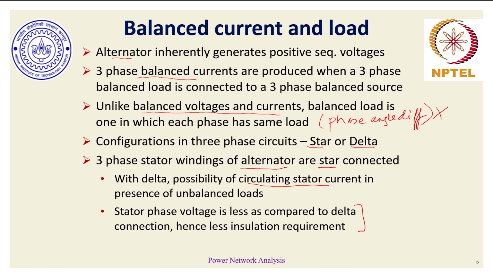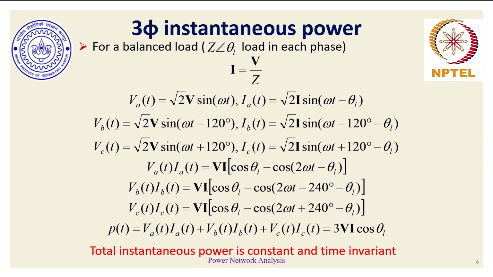Please have patience. Coming to three-phase instantaneous power, as per definition of balanced load, the same quantum of load is present in each phase of the three-phase system. So if I know the voltage in a particular phase, then I can use simple KVL and figure out the corresponding phase current. Let's say my phase voltages are known, which are balanced, and that's how the corresponding phase angle differences come in.